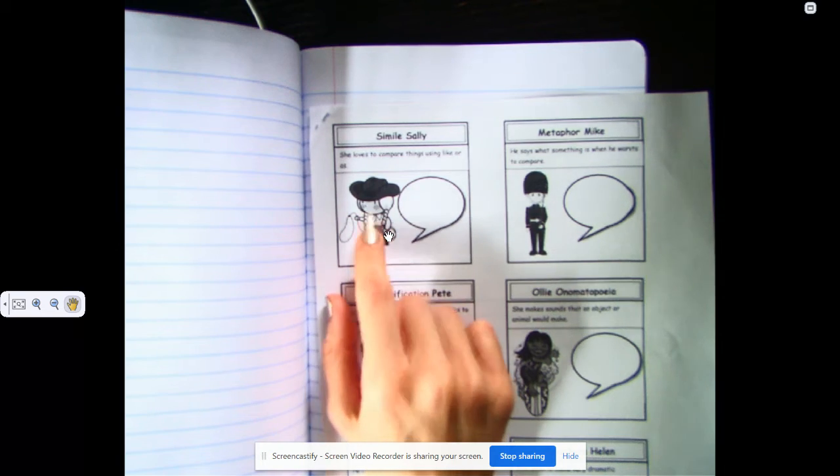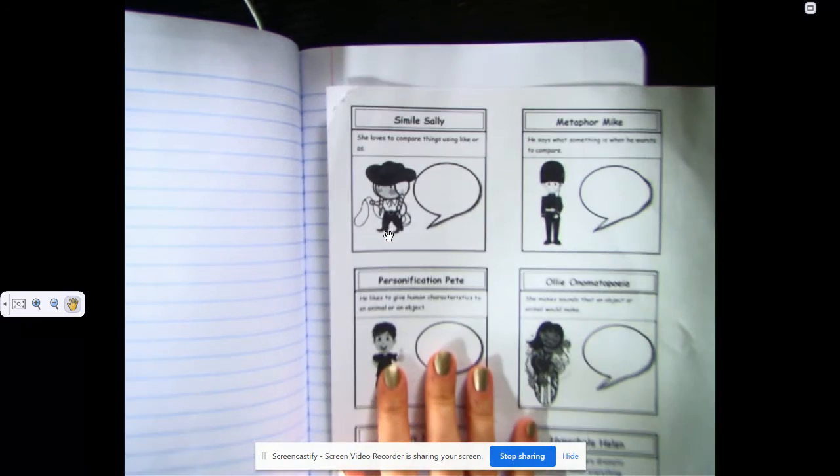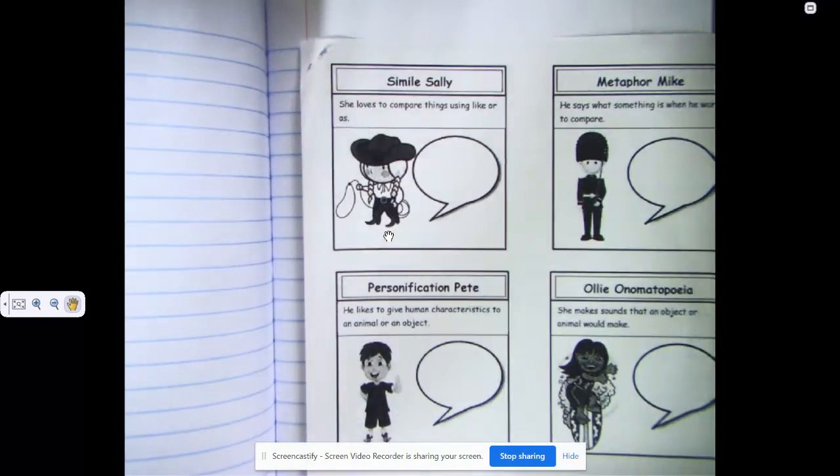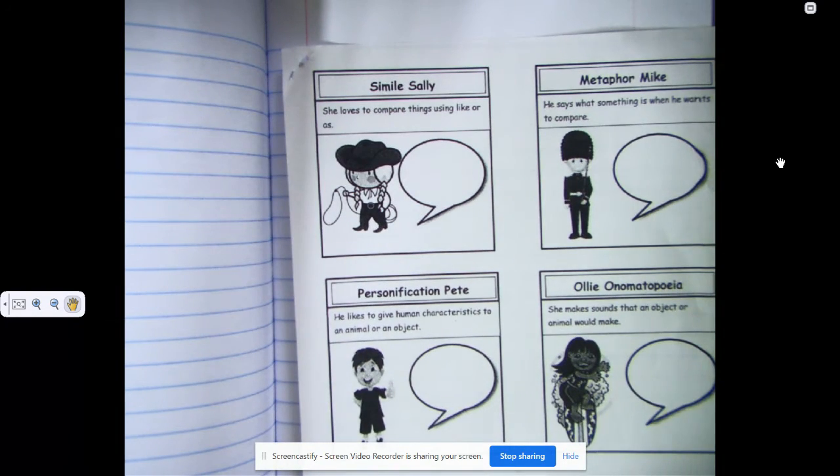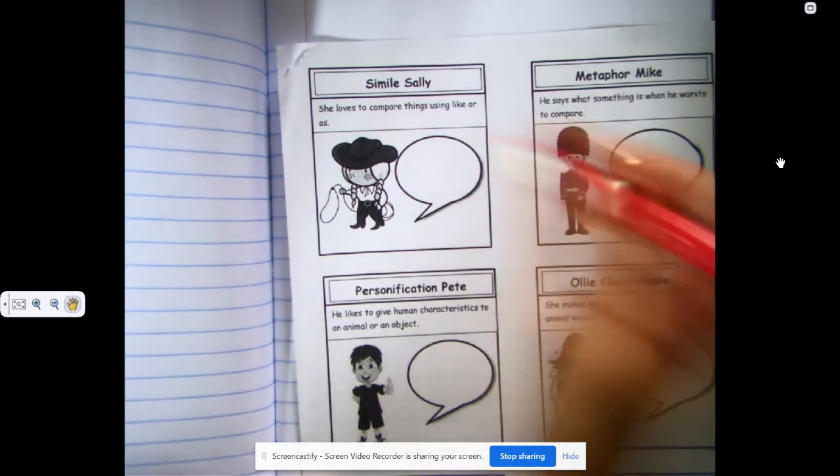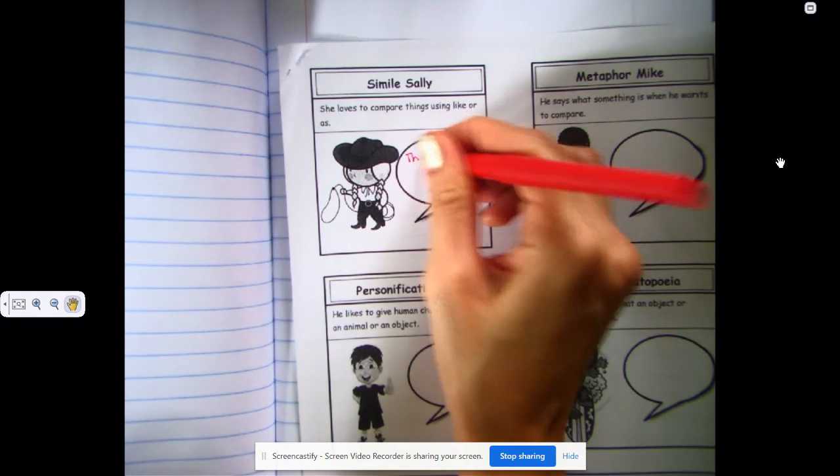Simile Sally, she loves to compare things using the words like or as. So let's give an example. Let's say, that boy is like a dictionary.